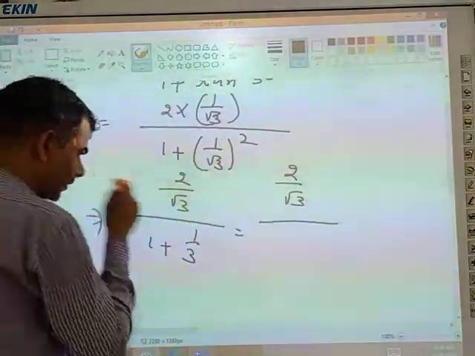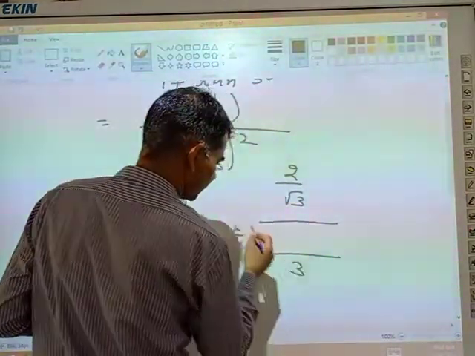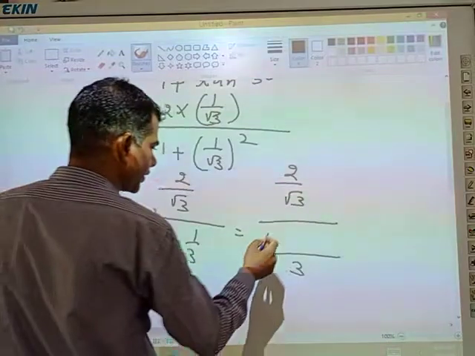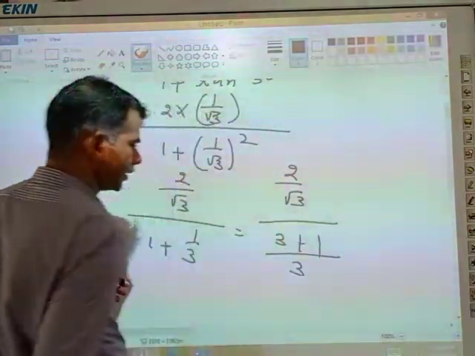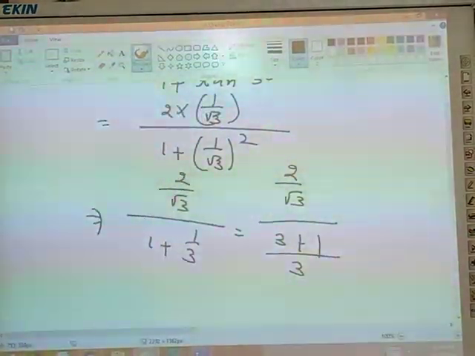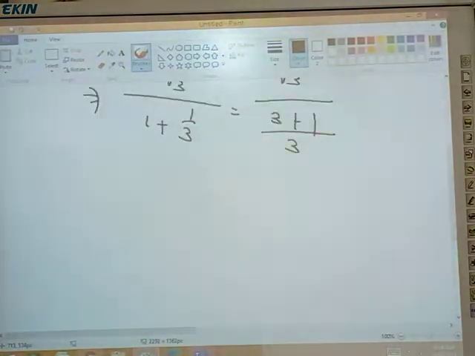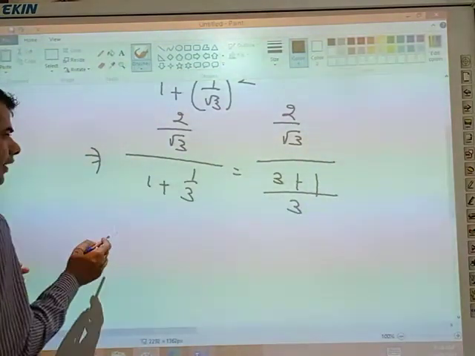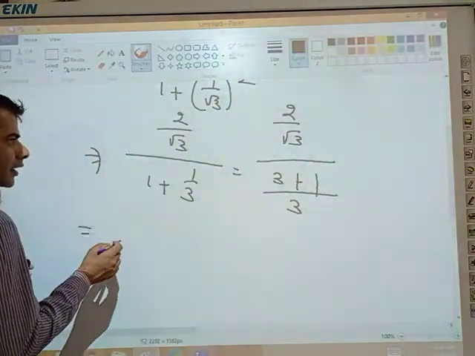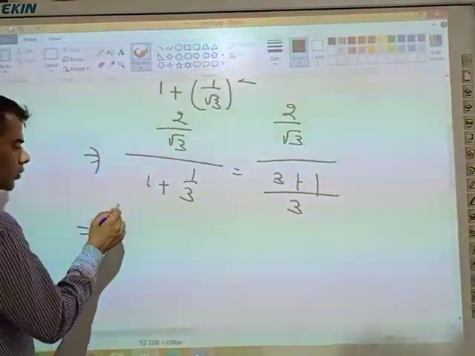LCM is 3, 3 plus 1. Any doubt, any problems? Sir, it's option number 1. Yes, but first solve it. That is 2 by root 3.